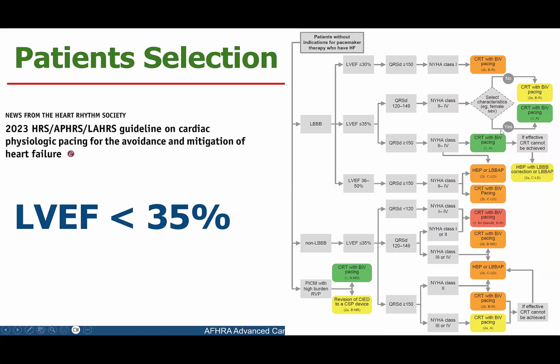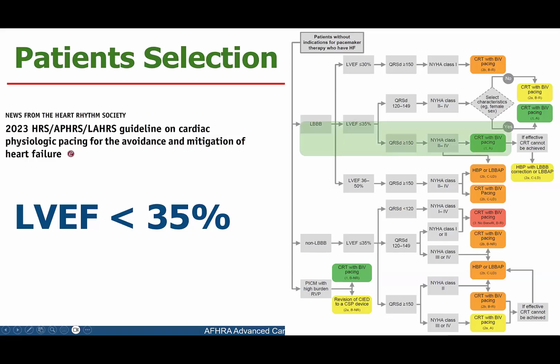With an ejection fraction less than 35%, there is a class 1A indication for biventricular pacing. The same goes for the second evident indication for CRT with biventricular pacing, in those patients with cardiomyopathy induced by pacing or myopathy.